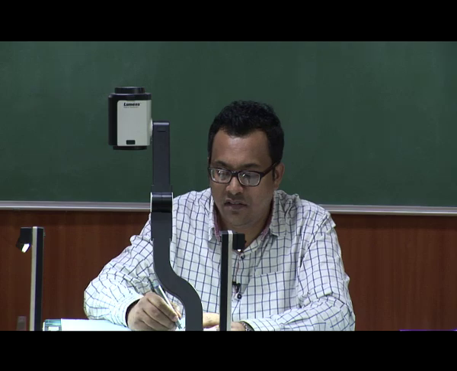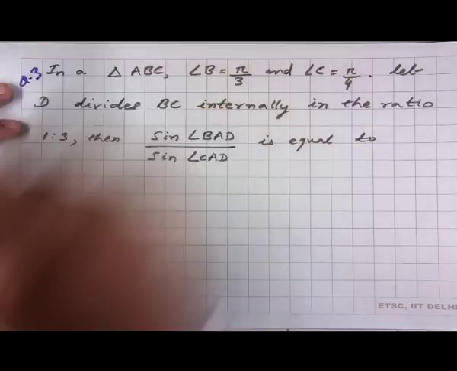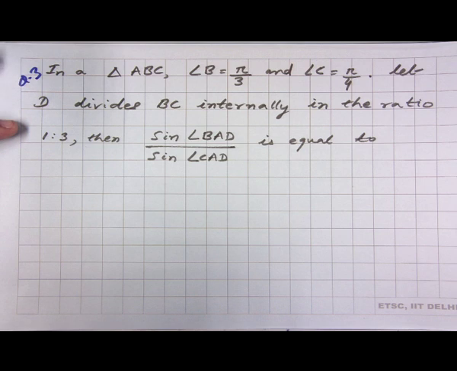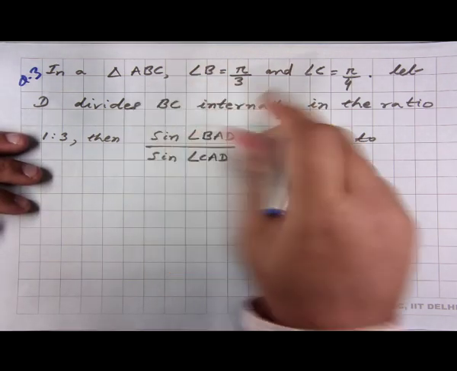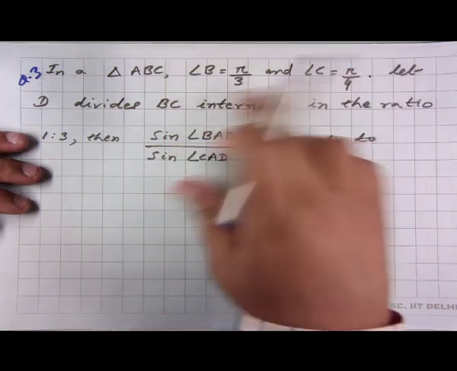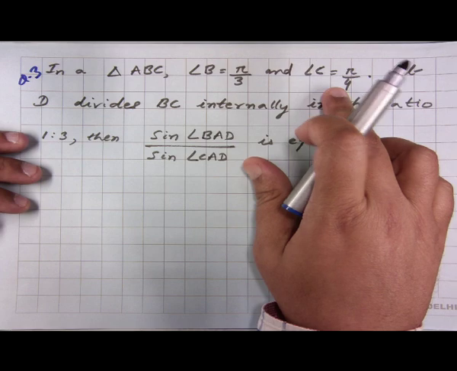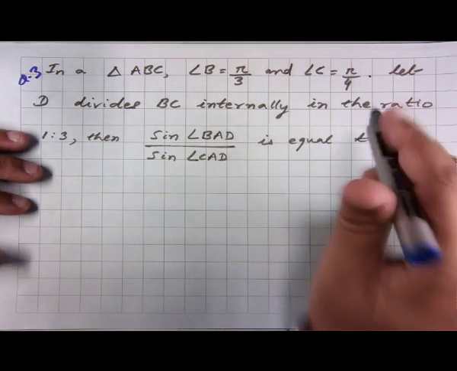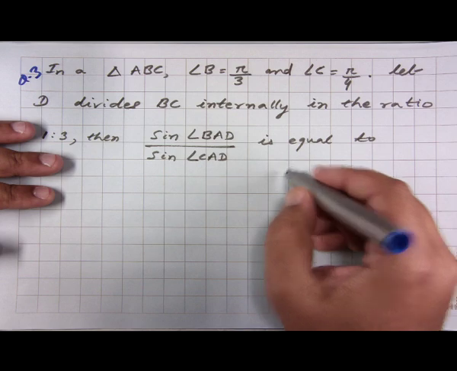So, this is the third problem. In the third problem we have a triangle ABC where the value of the two angles is given. So, essentially we know the value of all the angles. So, let me draw the triangle here.